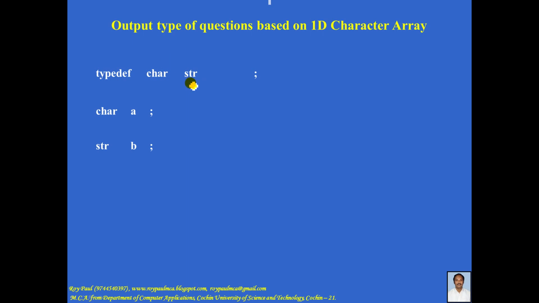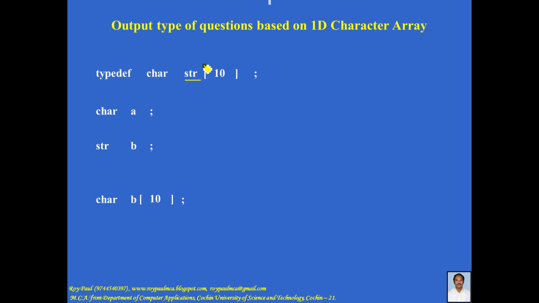Now the new point is, along with the new name, if you write square bracket and size, now the meaning is a variable of this data type, example b, should be taken as an array of characters of size 10. So now this b is nothing but an array of characters of size 10. So kindly make a note of this one.